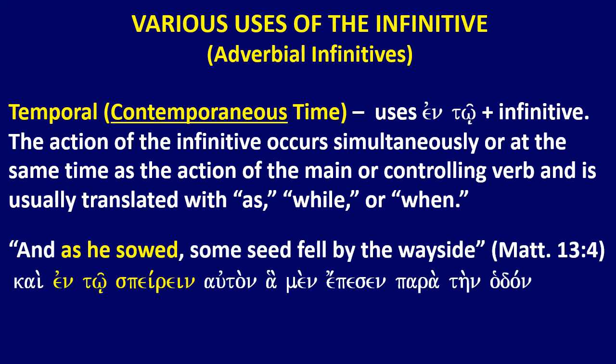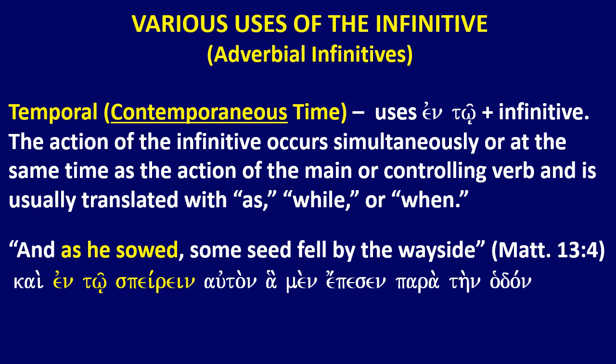For example, in Matthew 13, verse 4, here we have, "And as he sowed," en to speirein. As he sowed, some seed fell by the wayside. So that seed falling, epesen, is your main verb there. And notice the relation of the infinitive verbal concept of sowing.